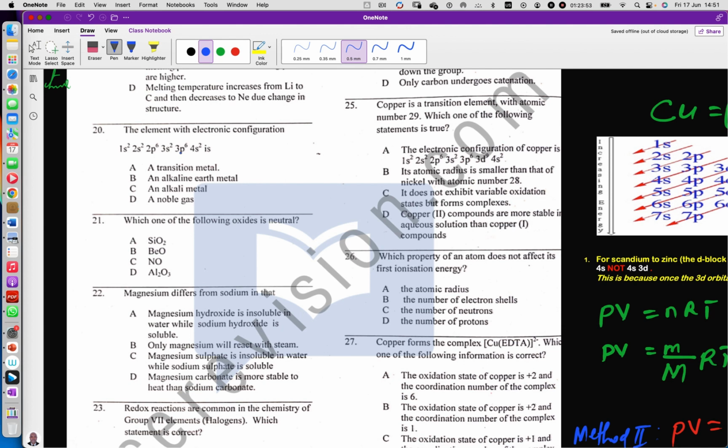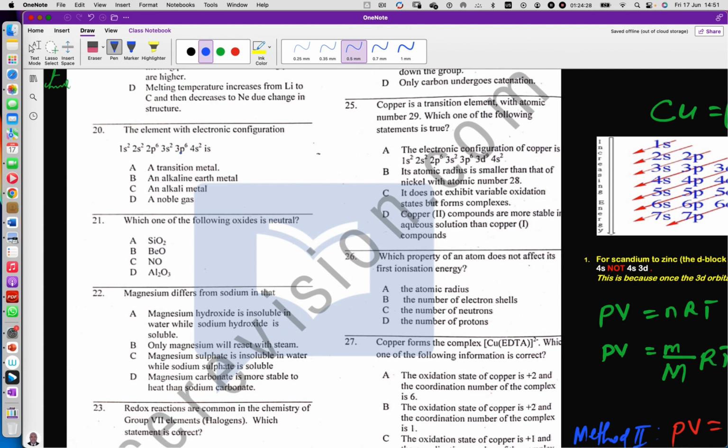Across the transition period, the atomic radius decreases.